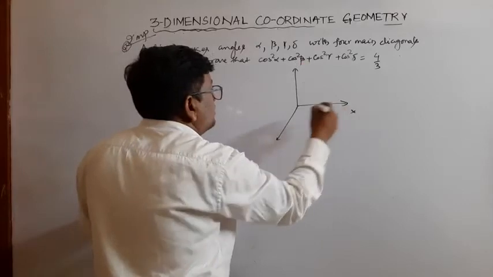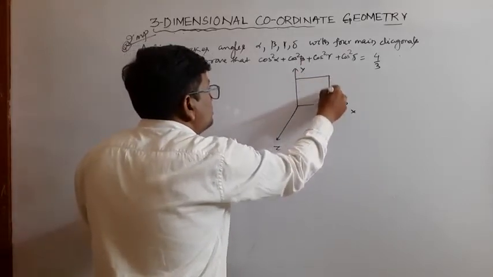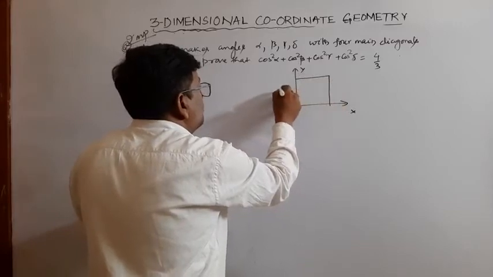The x-axis, y-axis and z-axis. Suppose this is the cube.